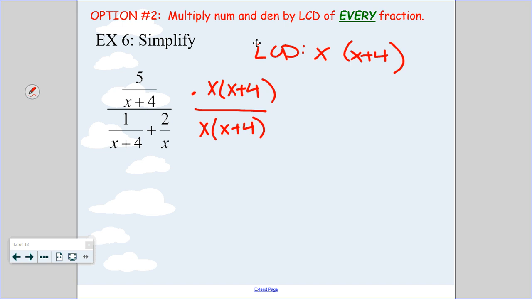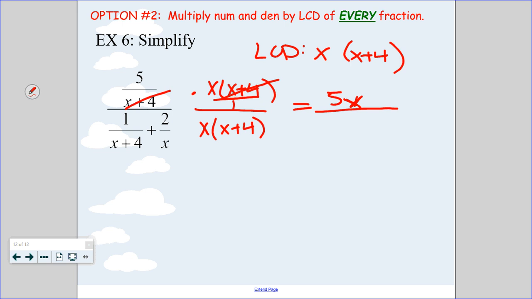When I multiply that to the top, you get 5x times x plus 4 over x plus 4. What's going to happen? It's going to cancel, so you're going to have just 5x on top. Does that make sense? This cancels with that, and I have 5x on the numerator.